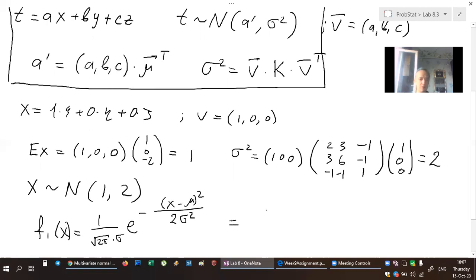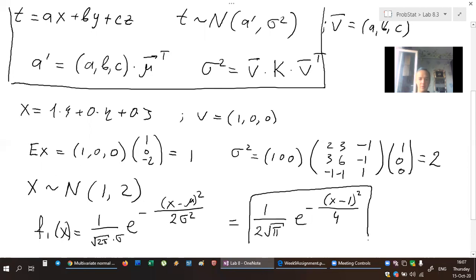In our case, it will be 1 divided by 2 square root of pi, e to the power of (x minus 1) squared in the numerator and 4 in the denominator. So this will be the answer for the very first question.